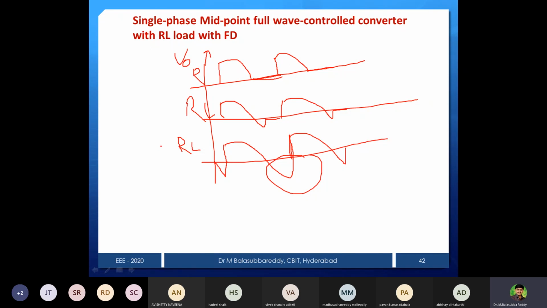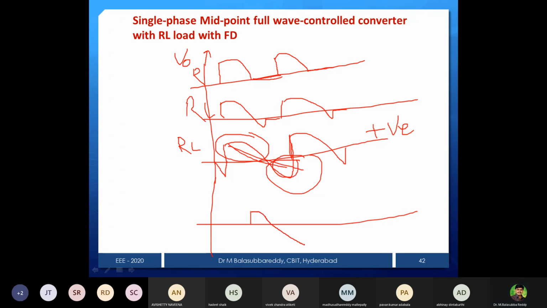Now, if alpha is less than 90 degrees, you can see this is more positive and this is less negative. If you take the average of this, it will give a positive value. That is the case of alpha less than 90 degrees. And if you draw alpha more than 90 degrees for continuous mode, we will get a waveform like this.